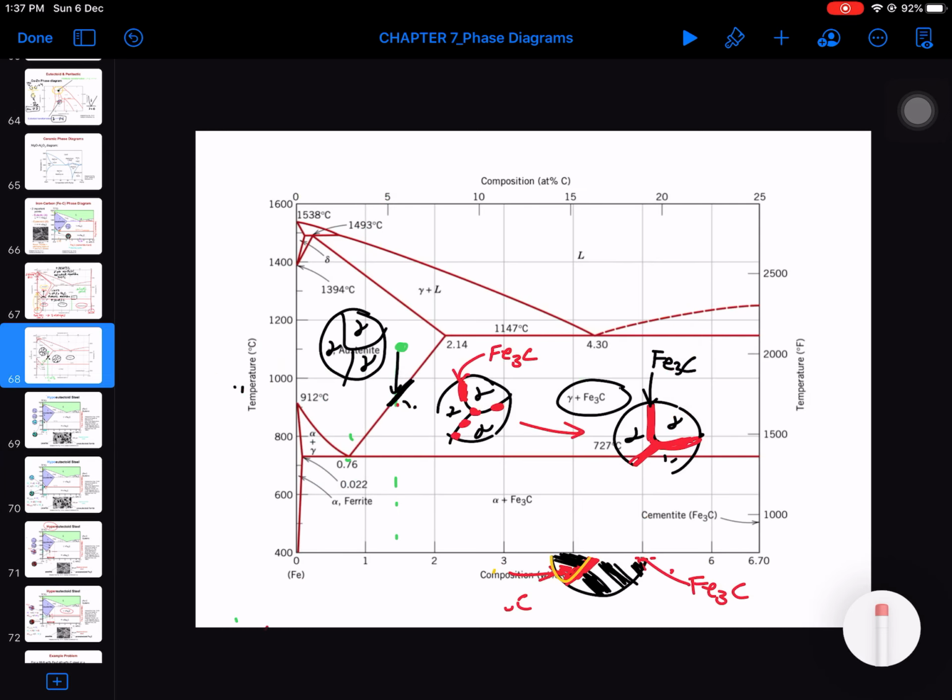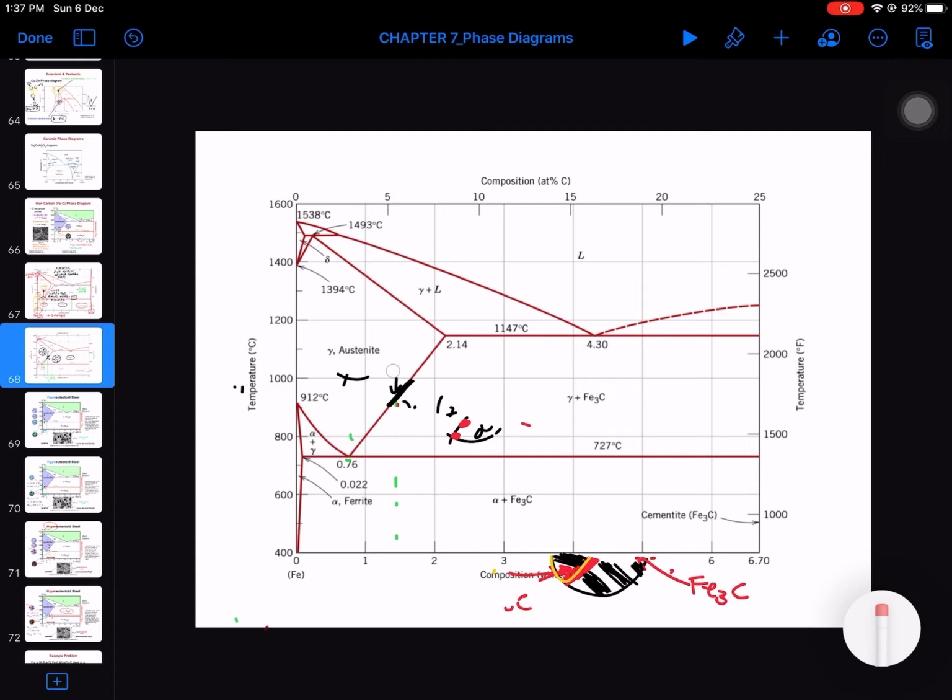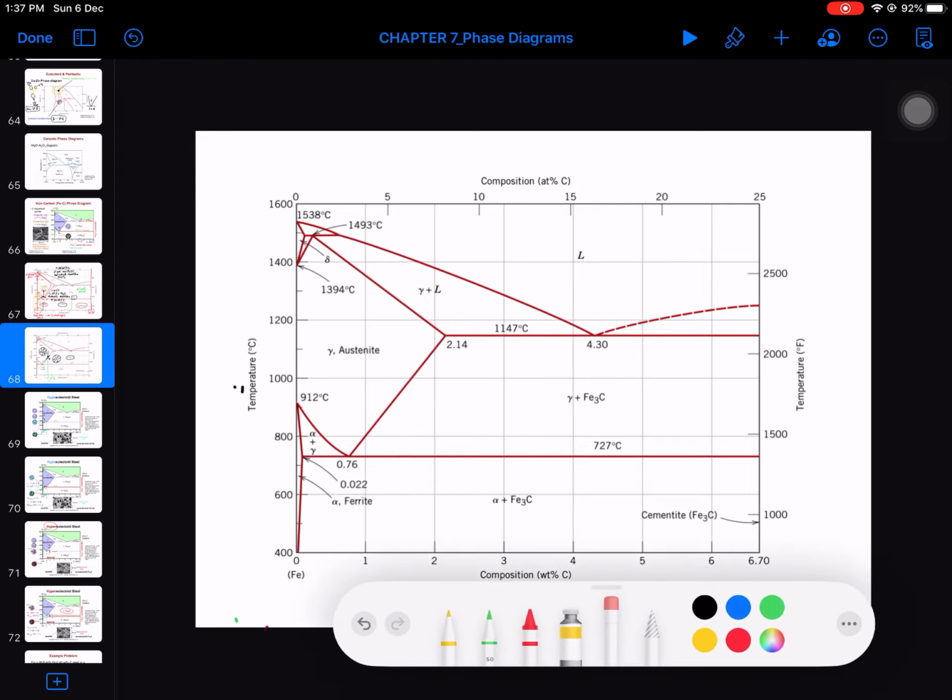It's the same thing, I just scribble it on a fresh phase diagram to make it clear for you. Now let's try to do a phase analysis for a hypoeutectoid steel.